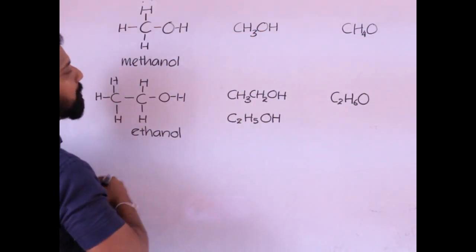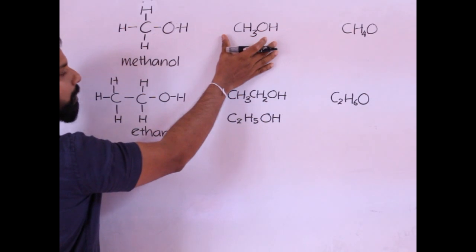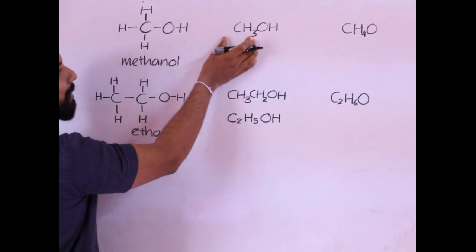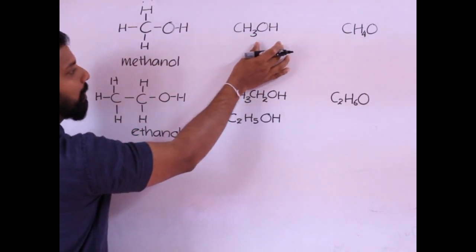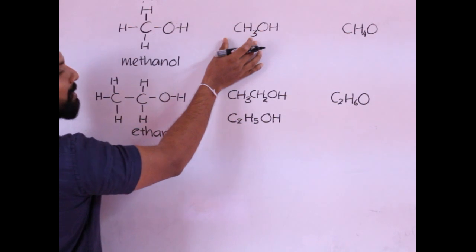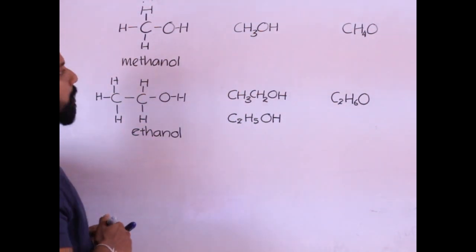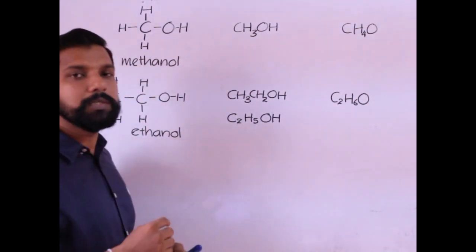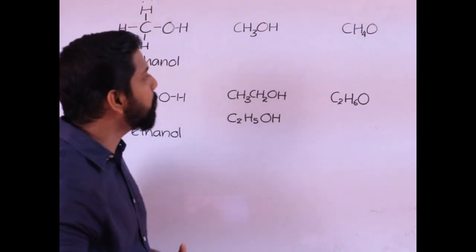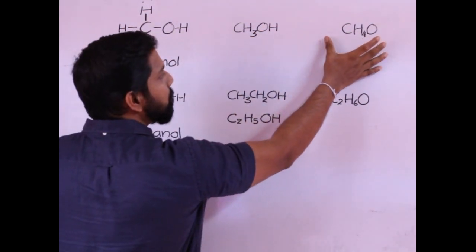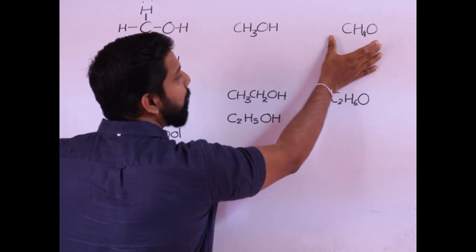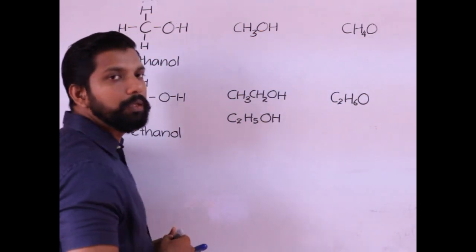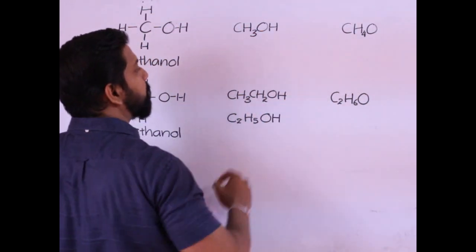In the next column you can see a kind of condensed formula where the bonds are not shown, yet how they connect in the structure is clearly seen. That is also one of the structural formulae. Now I can condense the whole molecule and write the atoms and their numbers. So this is going to be the molecular formula.